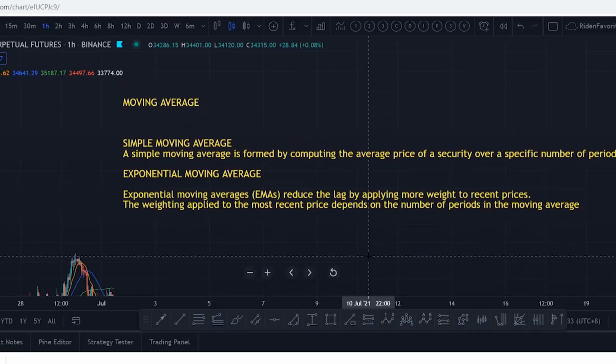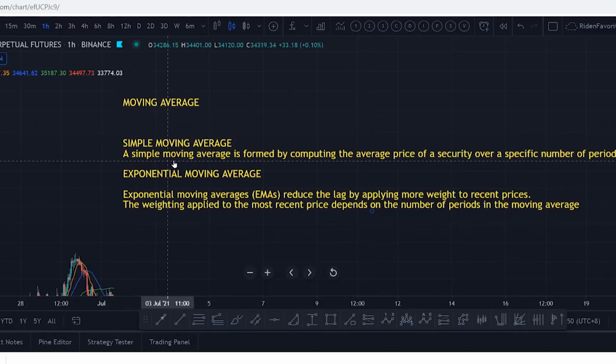But first of all, I just want to discuss to you the details or the types of moving average. We have the simple moving average and exponential moving average. Both are moving average, but there is a slight difference. Why?